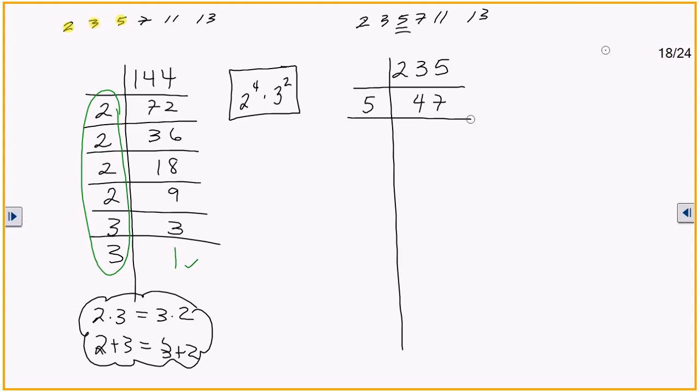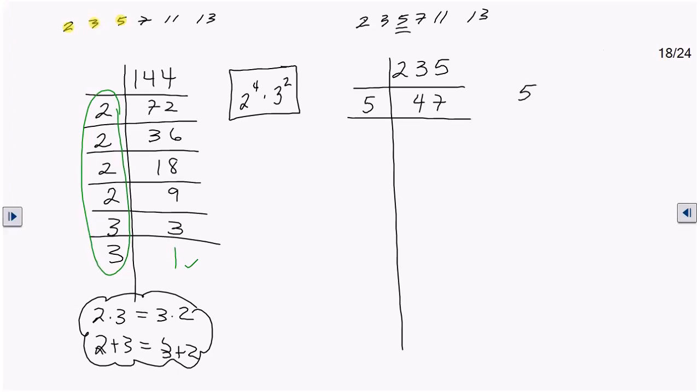That won't go into it. 13, 3, no. I'm trying to think. 4 times 13 is 52. So your prime factorization is 5 times 47.